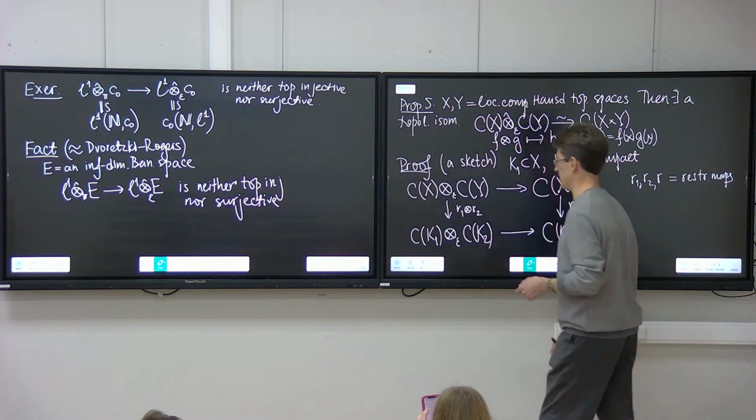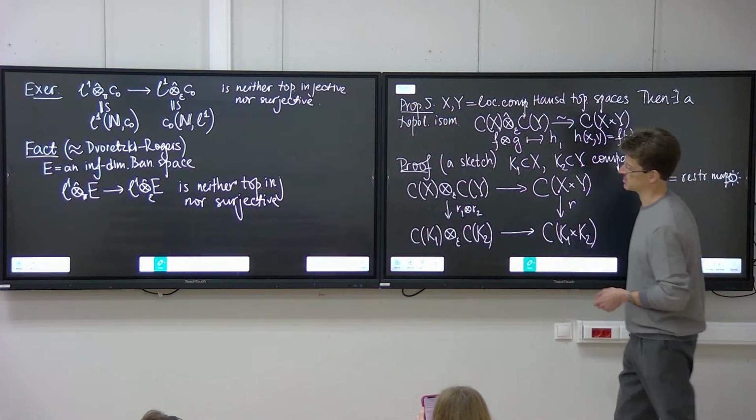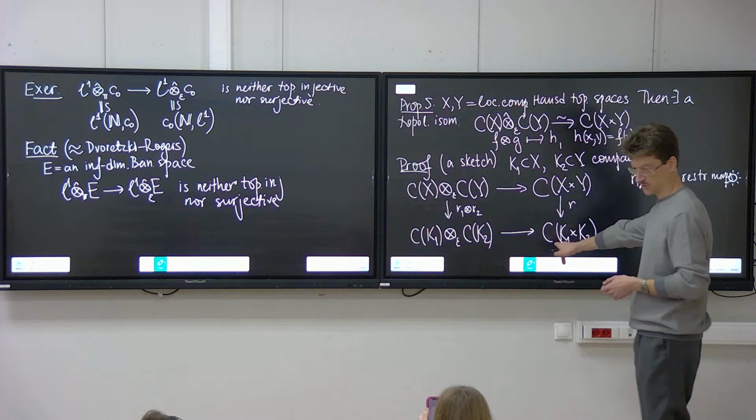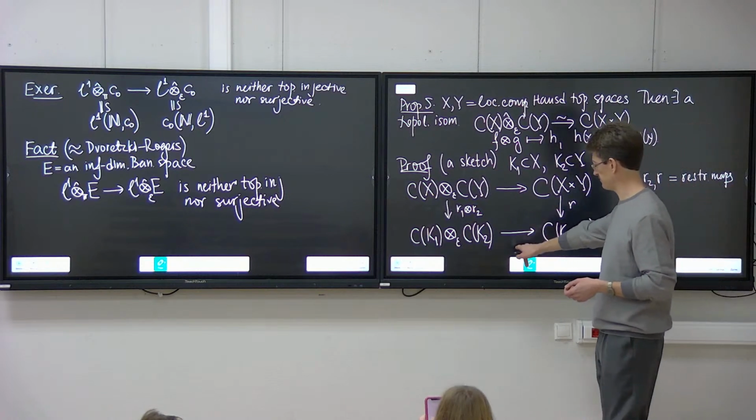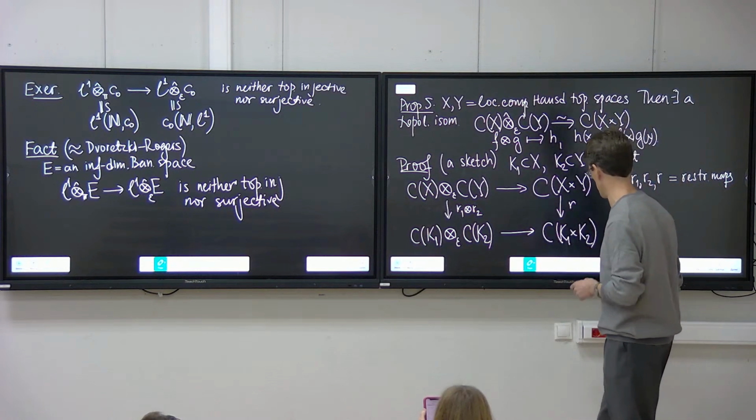So we know from proposition 4 that this arrow is an isometry with dense range.